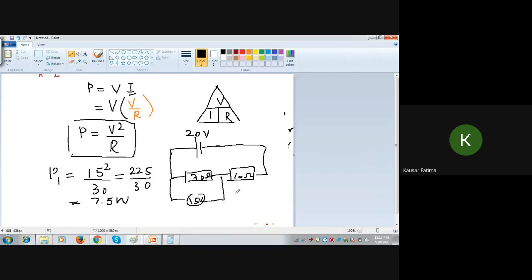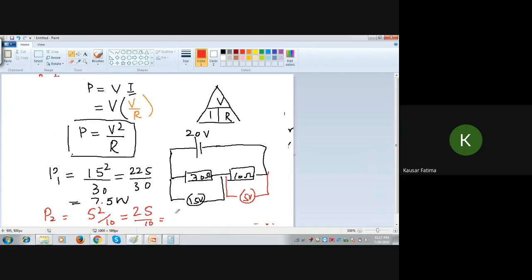Okay, and out of 20, this one must be having 5 volt because 15 are for this. So what is P2? We can calculate P2 by 5 square divided by 10. So the answer comes 25 divided by 10.